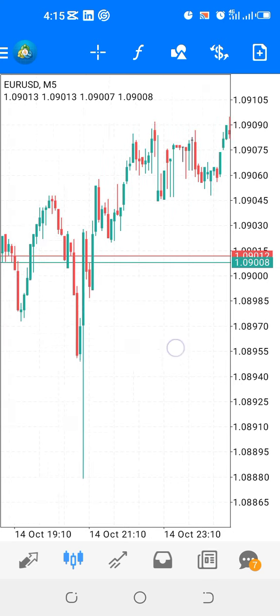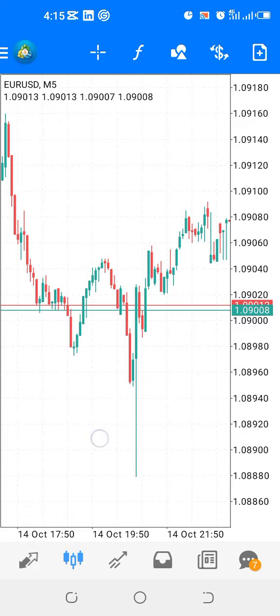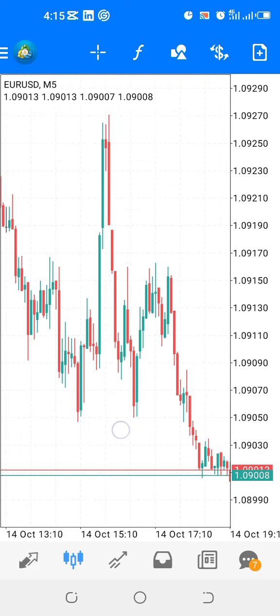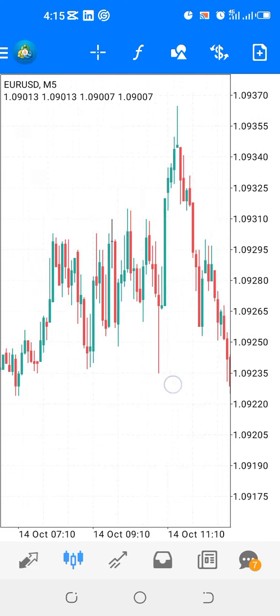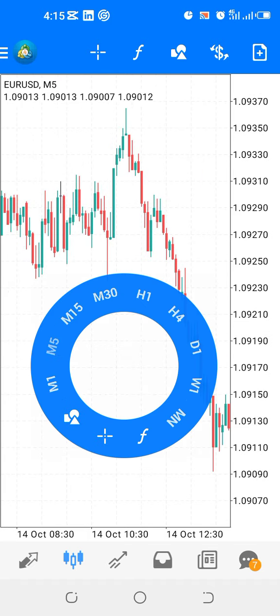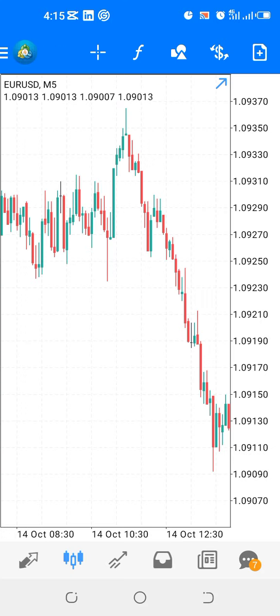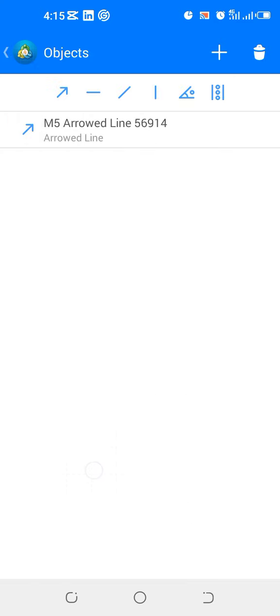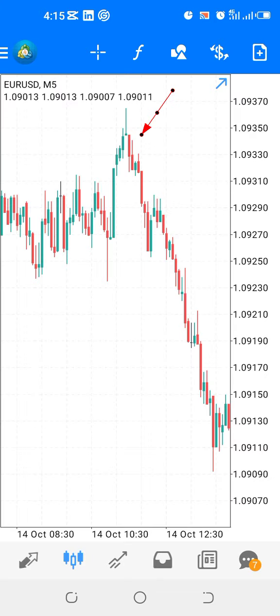So let us look for a living example of this. This is a good example of a head and shoulders. For example, this represents the head. This represents the first shoulder.